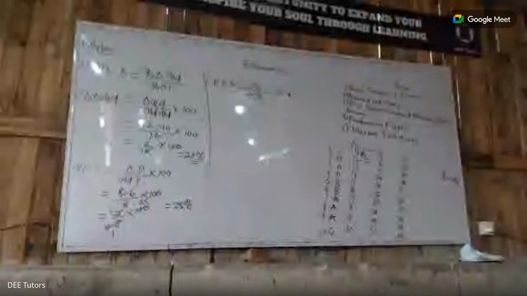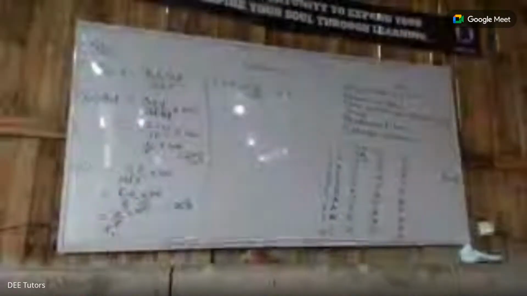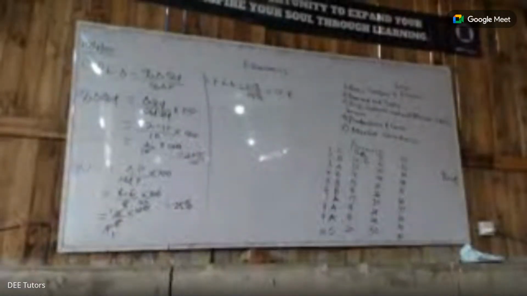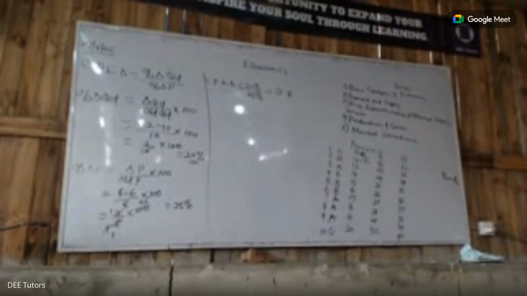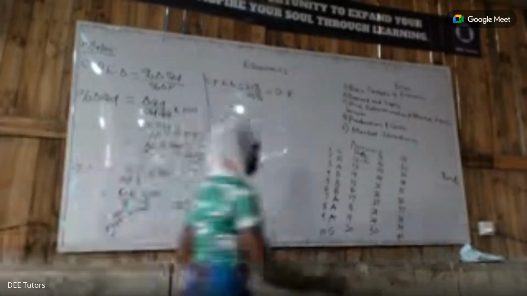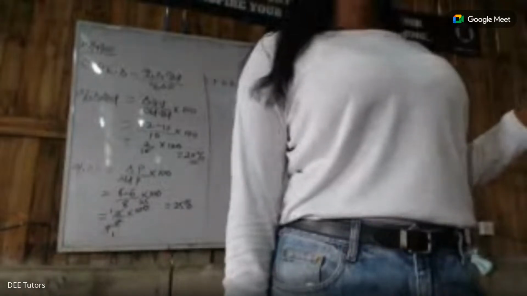What else do we have? I think that's all. Monopoly, duopoly, oligopoly.